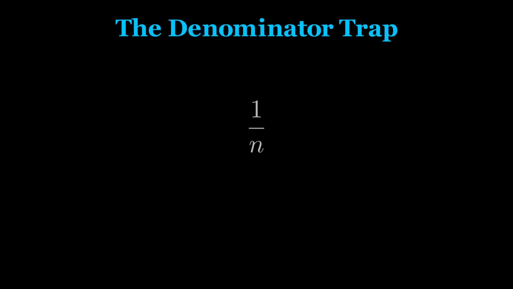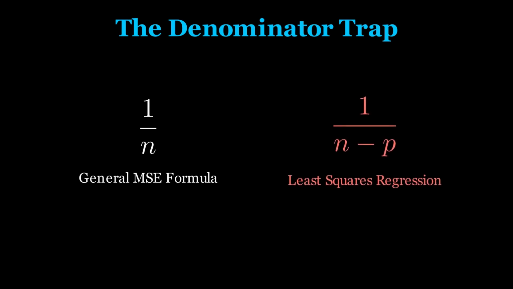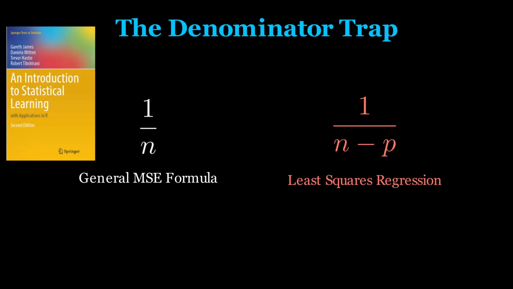Now, there is one tiny gotcha I need to mention. You might look at this and say, hey, in my stats class, we divided by n-1, or n-p. Well, that's just what happens when you have formulas from different source readings. The general MSE formula is from ISLR and applies more generally to modeling methods.